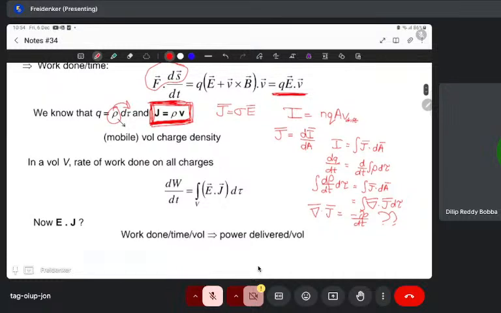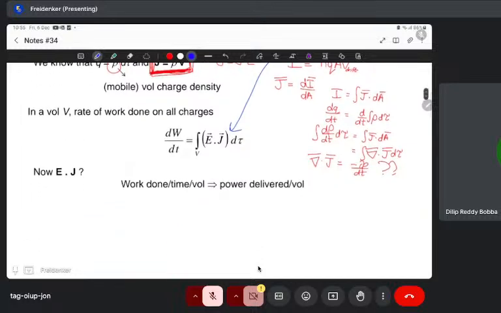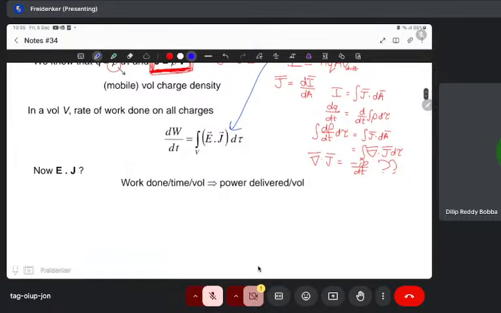They replaced q with rho d tau, and E dot v, where v is nothing but J by rho, and rho gets cancelled. Fine. So after some substitutions, you get this. So work done per unit time is E dot J.